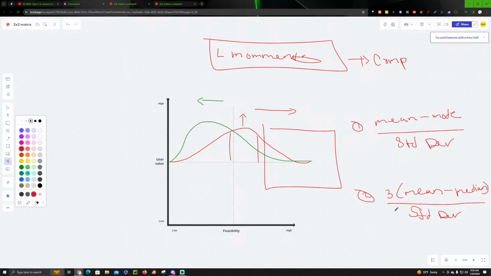Now that we have these two equations, all you would simply do is plug in the decimal amounts of distribution one's mean minus mode, divided by the standard deviation. Then for the second one, you would do the same, plugging in the decimal amounts for the mean and median, then multiply it by 3, and then divide it by standard deviation.